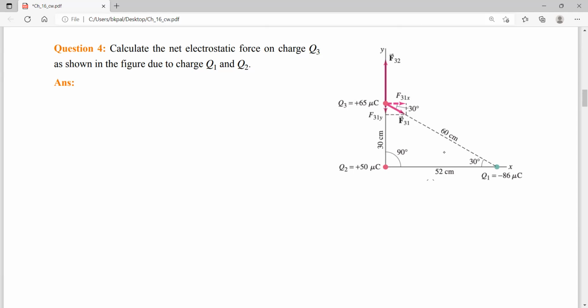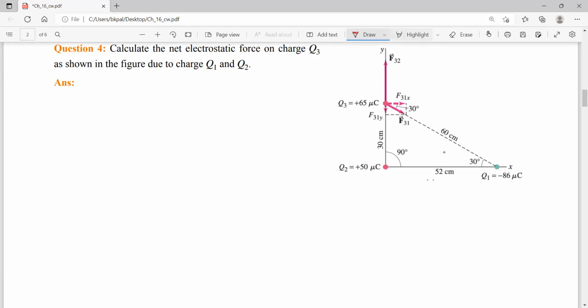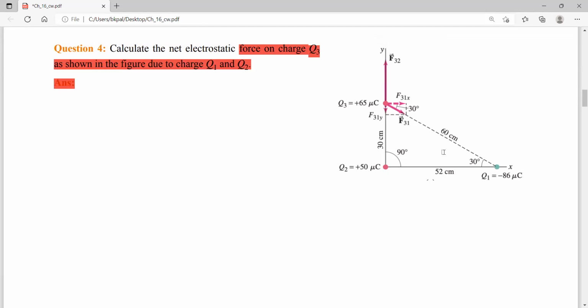What we are given here are 3 charges and the separations in this picture, and we have to calculate the net force on the charge Q3. What is Q3? Q3 is this one.